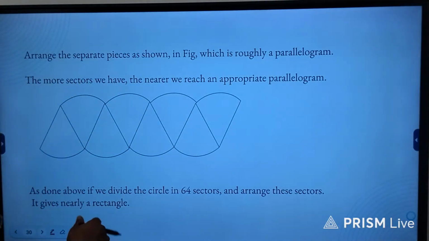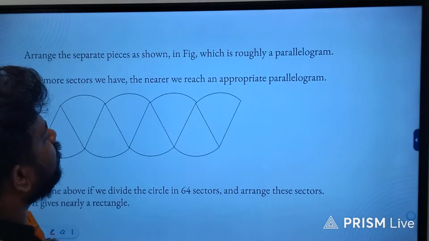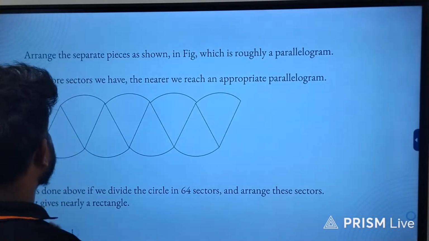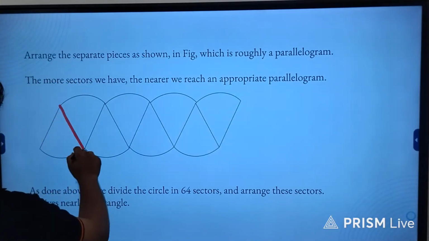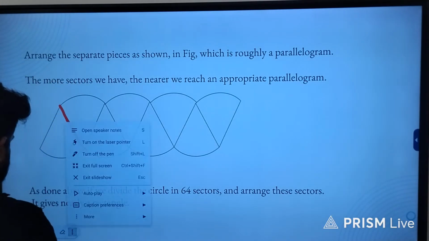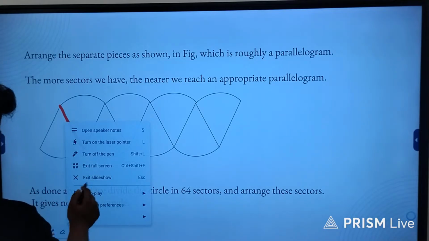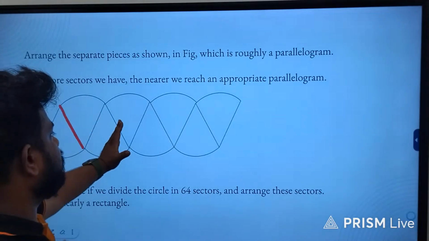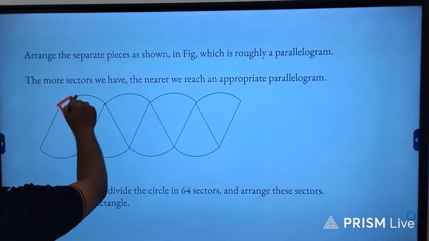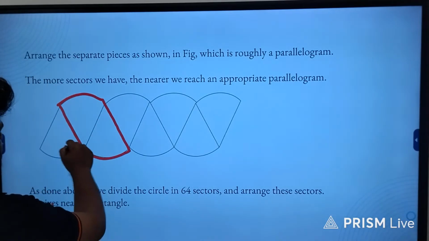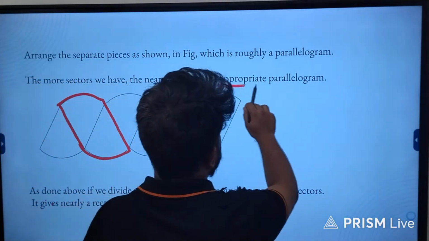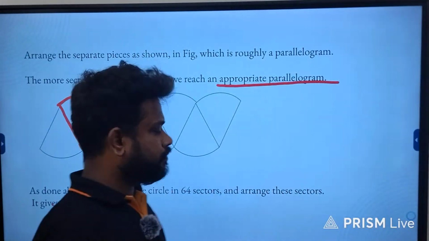The more sectors we have, the nearer we reach an appropriate parallelogram. Just like this, if we consider two sectors, then it will form a little bit of a parallelogram. So they have just called this an appropriate parallelogram.